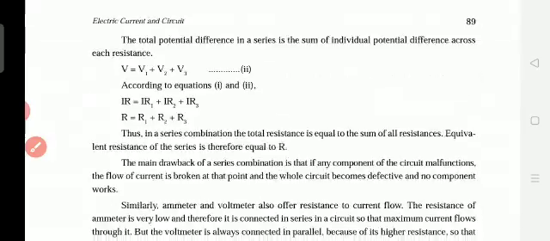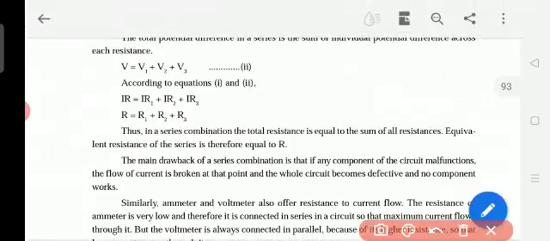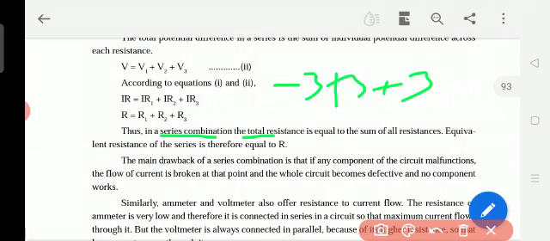So according to equations 1 and 2, V means IR: V1 is IR1, V2 is IR2, V3 is IR3. In everything, I is the same; the flow of current is common. So we remove it and write R is equal to R1 plus R2 plus R3. That means in a series combination, the total resistance is 3 plus 3 plus 3, which is equal to 9.